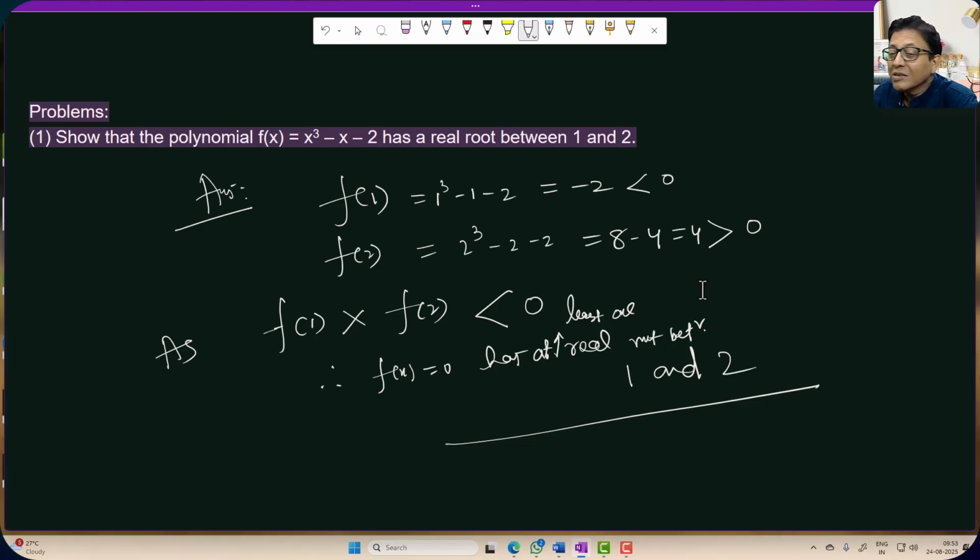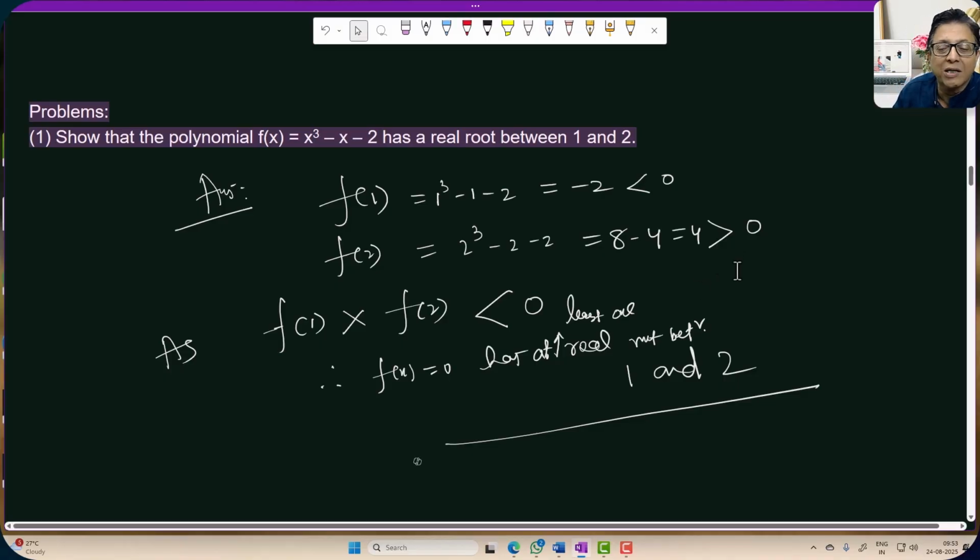So this concept you should keep in your mind. Right now I am telling 1. Later on in Descartes' Rule of Signs, I will show that it may be 3 also. But how? Wait for that.